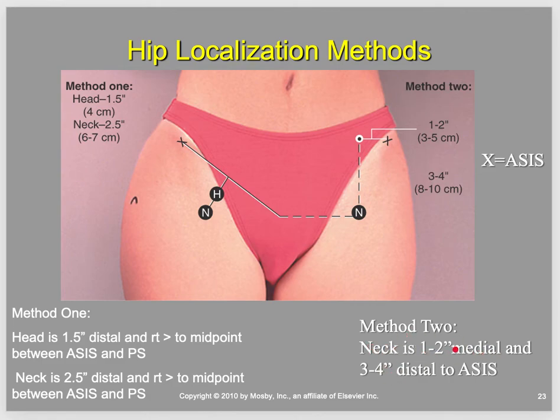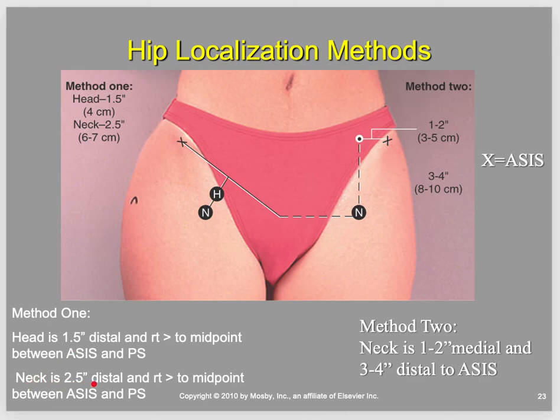Okay, is the neck. So method 1, you have the head, which is 1.5 inches distal and right to midpoint between ASIS and pubic symphysis. So pubic symphysis, ASIS, 1.5 distal to the right is the head of the femur.